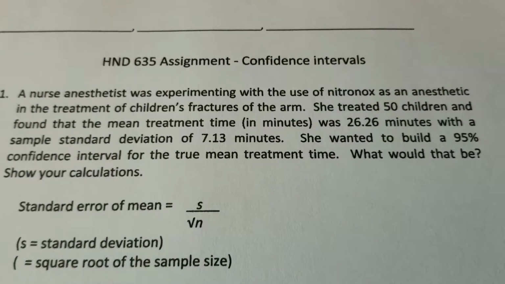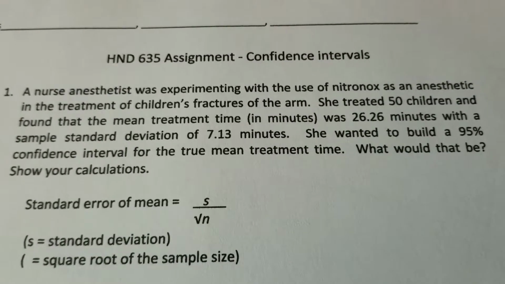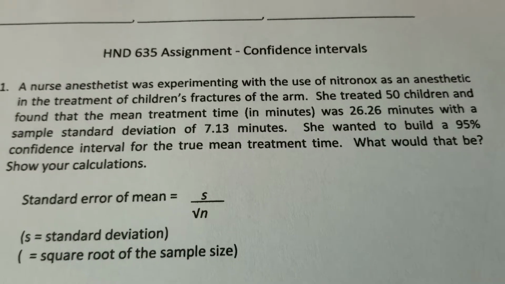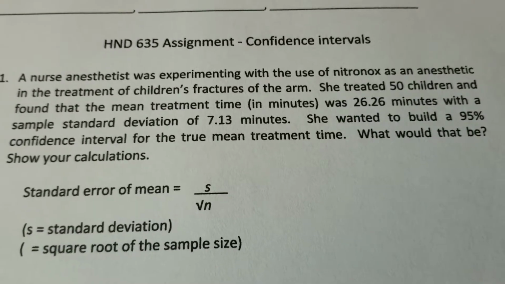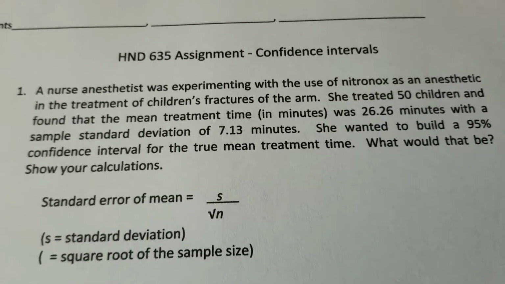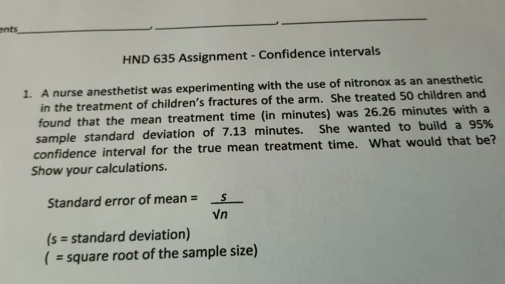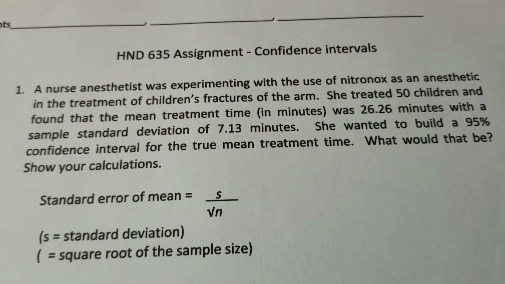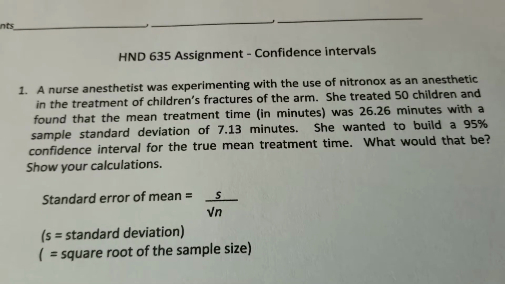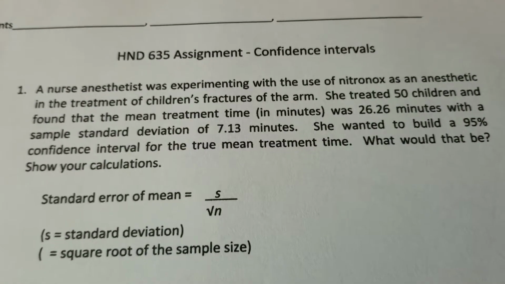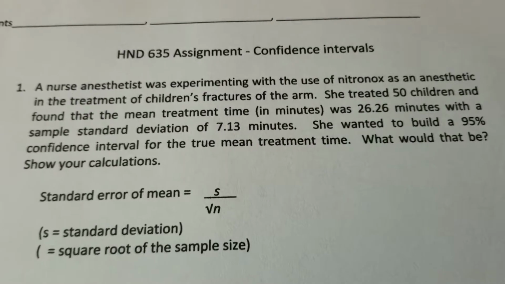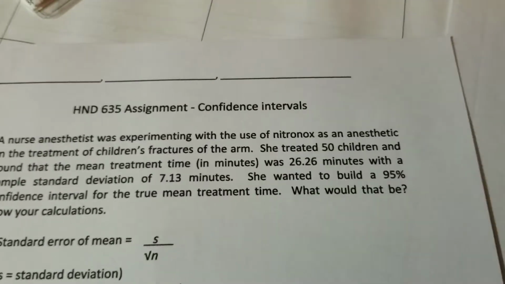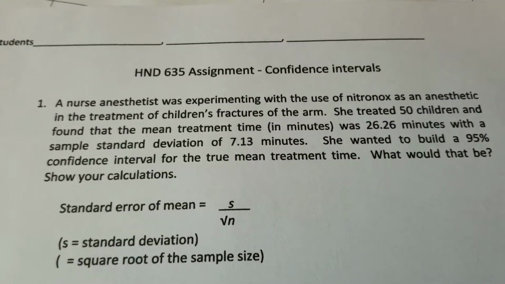She treated 50 children and found that the mean treatment time in minutes was 26.26 minutes with a sample standard deviation of 7.13 minutes. She wanted to build a 95% confidence interval for the true mean treatment time. What would be that? Show your calculation.